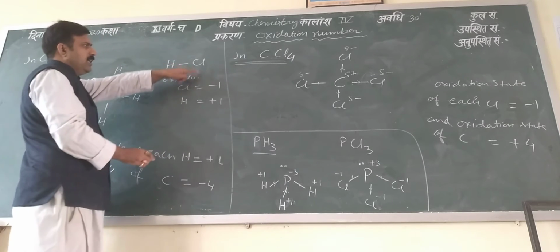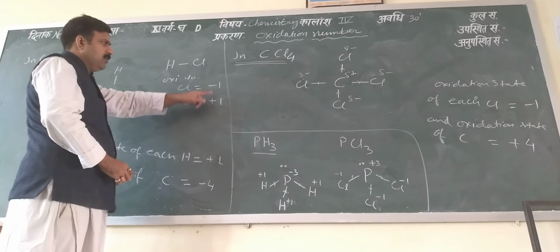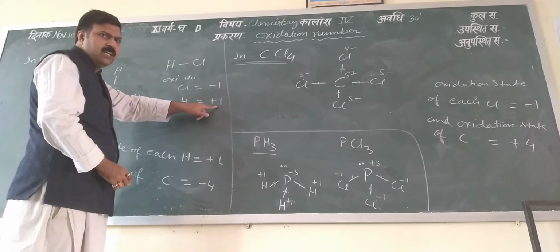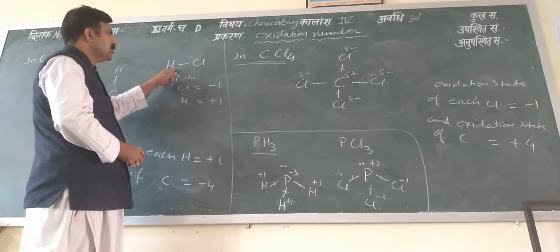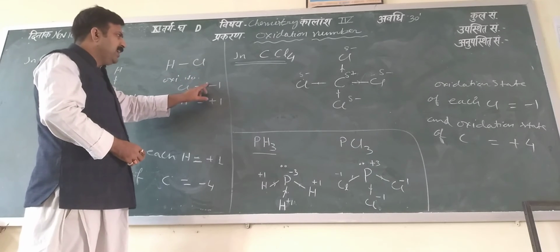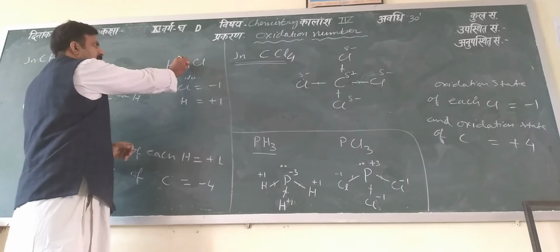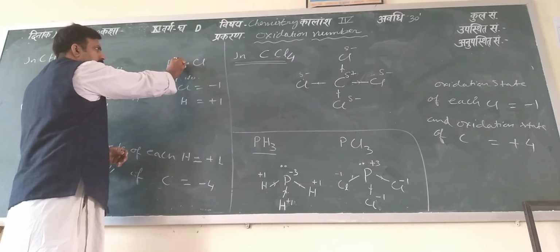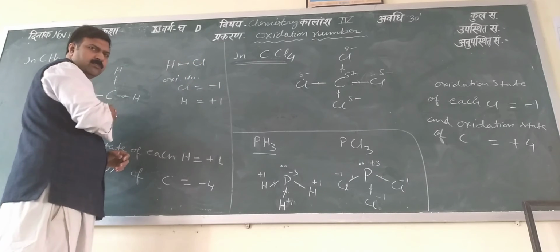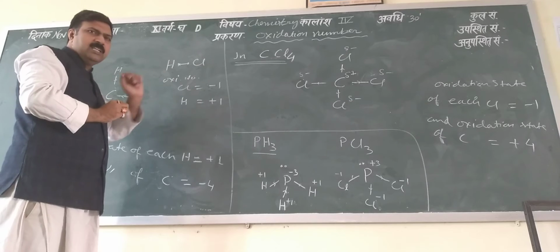These -1 and +1 are imaginary charges because it is a covalent compound, and these charges are predicted according to the rule that if the bond breaks, the shared electron goes towards chlorine. So these are formal charges or imaginary charges.